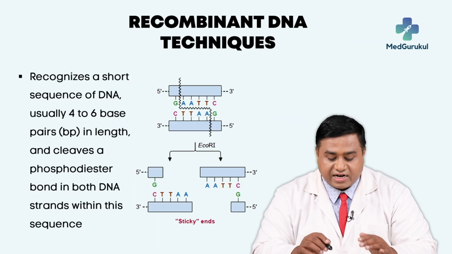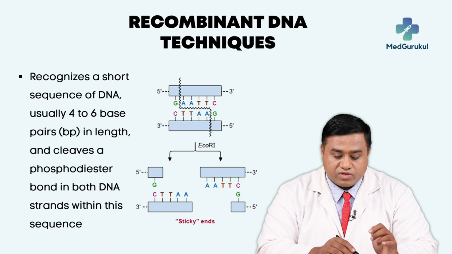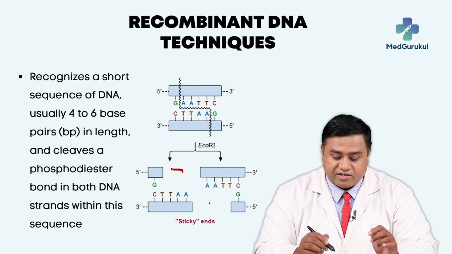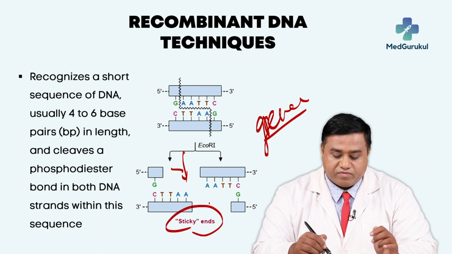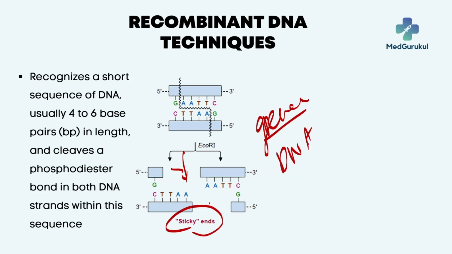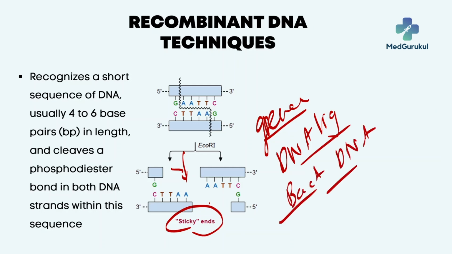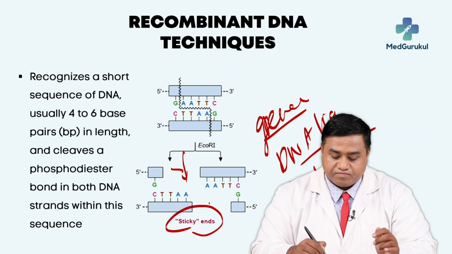So once it cuts, it will leave a space here. We can insert our gene of interest in this sticky area and with the help of DNA ligase, ligate it with the bacterial DNA and produce a recombinant DNA segment.